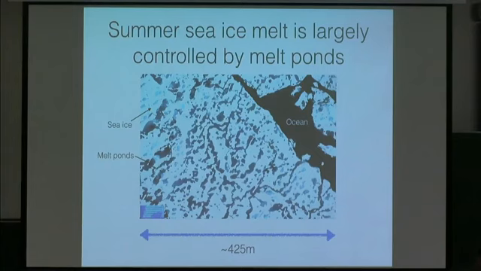They have a certain scale. So for example, you can see that this picture is around 400 meters. There's an Olympic-sized pool here in the corner, just so you can see for scale. So you can see that the ponds have some typical scale, maybe a couple of meters, couple of tens of meters across.